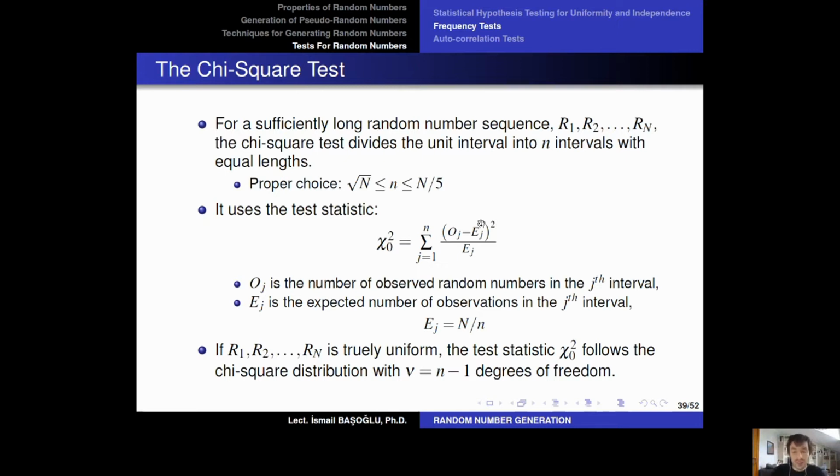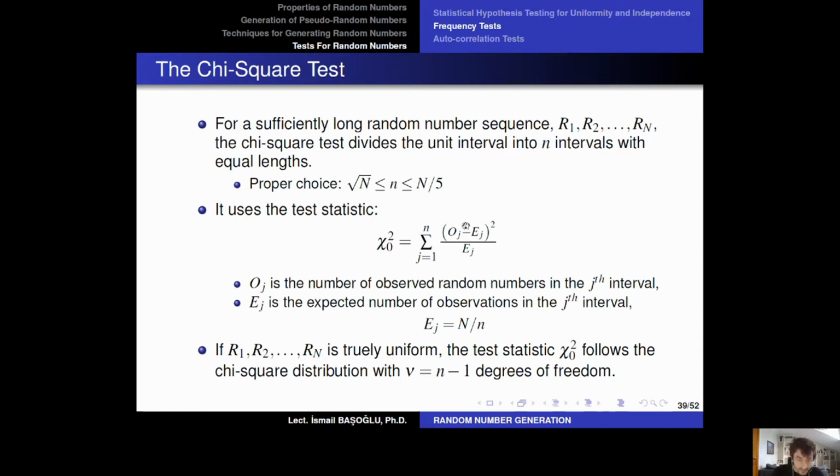So what you do, in this formulation, for each subinterval, you calculate the difference between the observed frequency and the expected frequency, and that is just a deviation of the observed frequency from the expected frequency, and you square that deviation, and this squared deviation is divided by the expected frequency in that subinterval, which is just going to be the same value because all expected frequencies are going to be the same because of these equally spaced intervals.